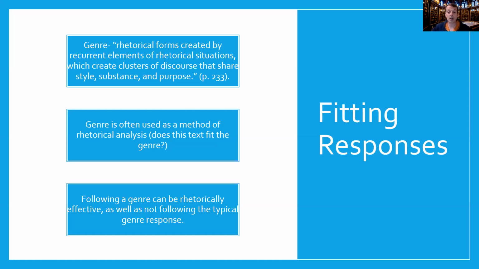Following a genre can be effective, right? Like if you give a eulogy that pays tribute to the dead, that's effective. But not following the typical genre response can also be effective. I believe John Cleese was giving a eulogy for one of the other people in Monty Python.